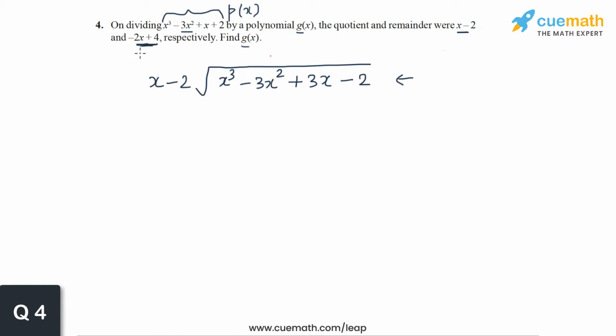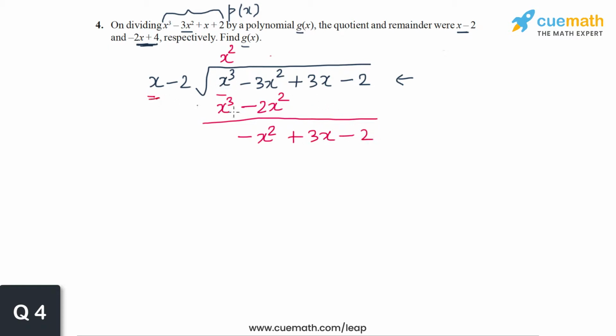So we added 2x minus 4 to p(x), and this is how we got this dividend. Now let's carry out the long division process. The first multiplier we need is x square, because we want to turn x into x cube. So x square, and this generates the terms x cube minus 2x square. Now we subtract and we get minus x square plus 3x minus 2.